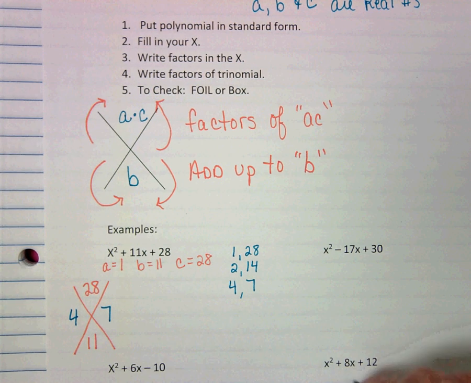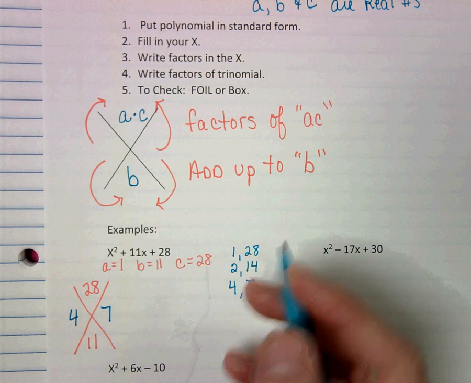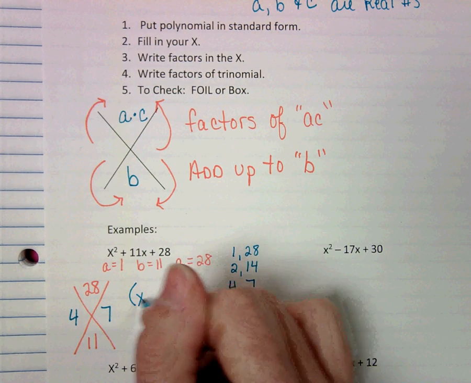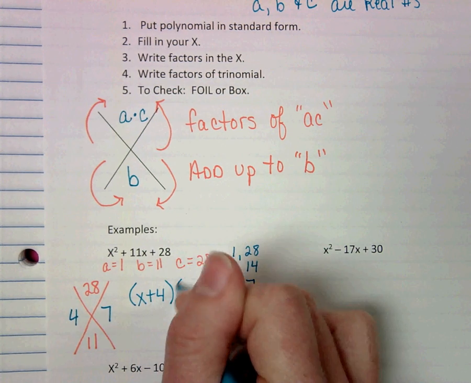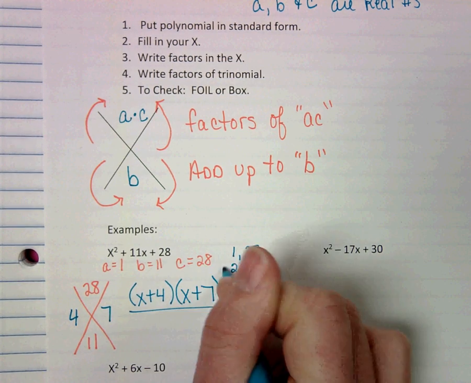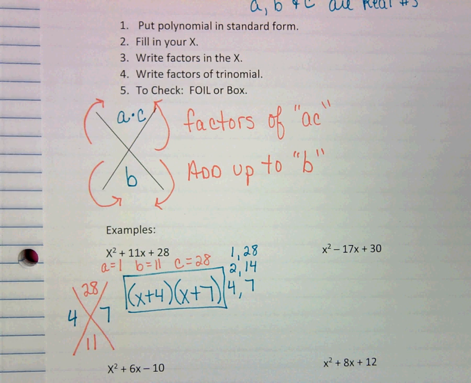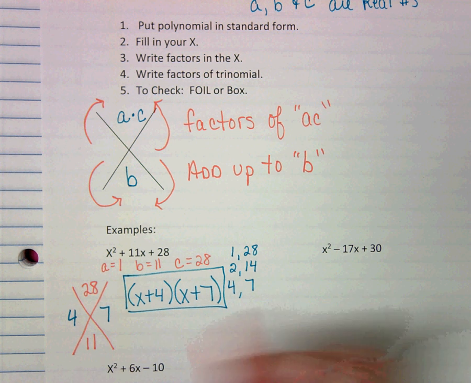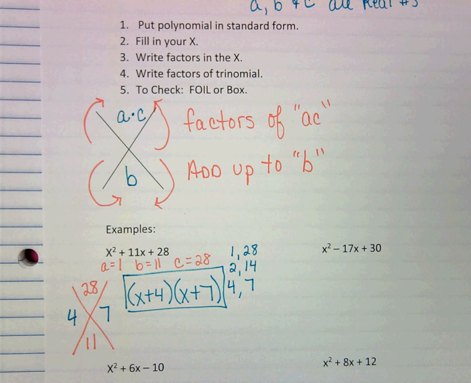Then my factors of my trinomial are going to be simply x plus 4 and x plus 7. In the past, we've started with the factors and multiplied them together to get the product. We could check this. If I FOILed or boxed that and multiplied it together, we would see that it does equal x squared plus 11x plus 28.